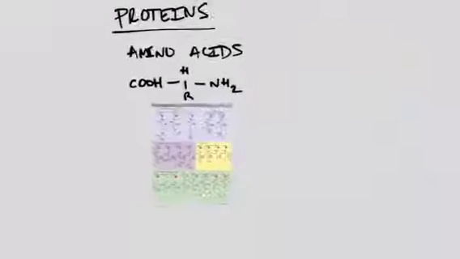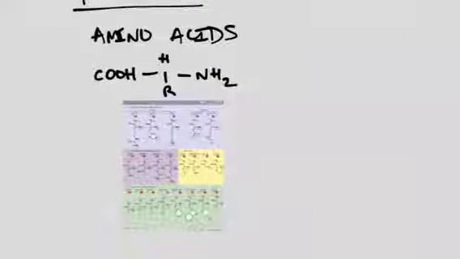So the differences between amino acids is the differences in their R group. And the different R groups give the amino acids different properties, like some are very polar and some are very nonpolar, which makes them either hydrophilic or hydrophobic. And these different properties are very important in determining their function, which I should talk about right now.